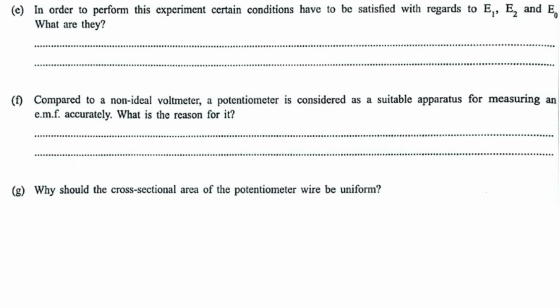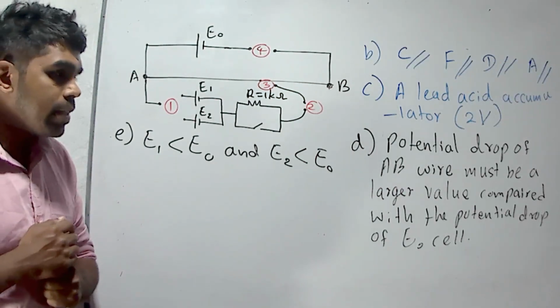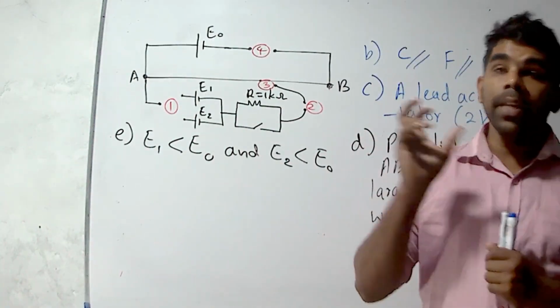Then part F. Compared to a non-ideal voltmeter, a potentiometer is considered a suitable apparatus for measuring an EMF accurately. What is the reason for it? When using a non-ideal voltmeter, it measures the terminal voltage.